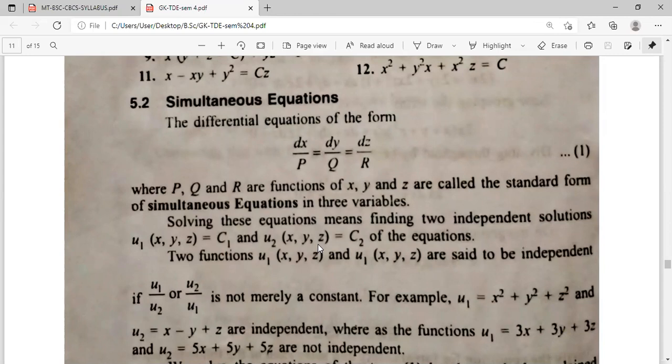Now, two functions u1 of x, y, z and u2 of x, y, z are said to be independent if u1 by u2 or u2 by u1 is not merely a constant.